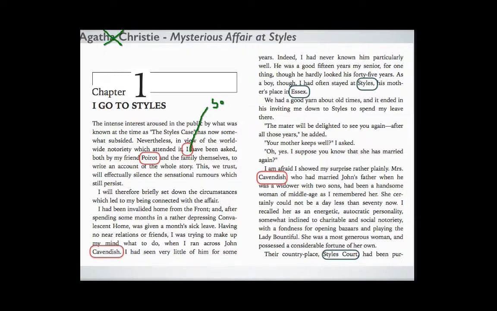So I'm just going to abbreviate that SOL right here. So we know that he's a soldier. We're using clues from the vocabulary. We're using clues from the context of the story. We're asking ourselves questions, and we're trying to answer those questions as we read.